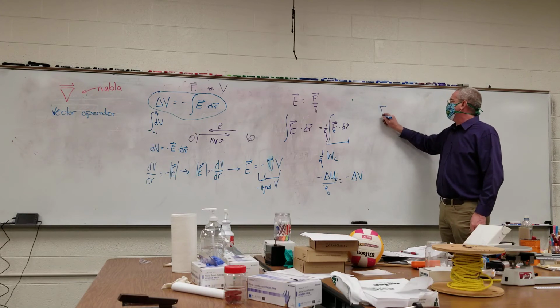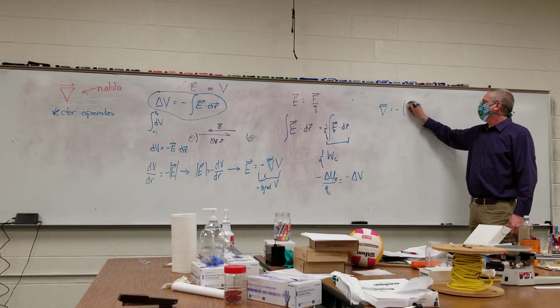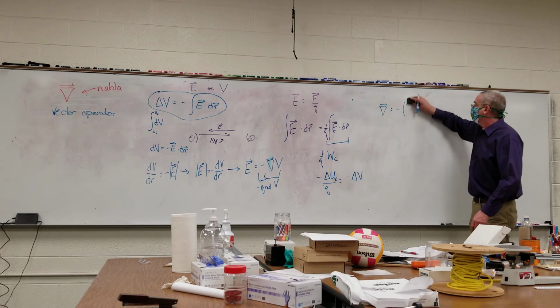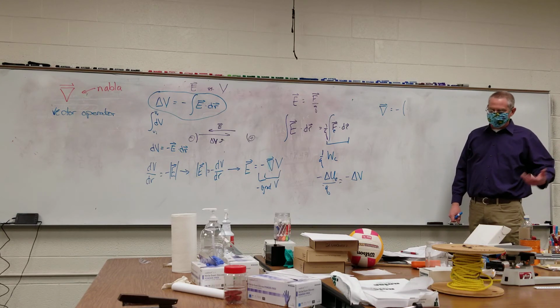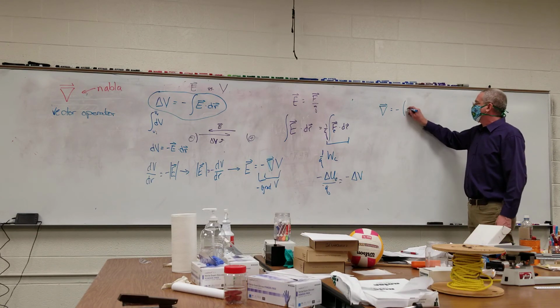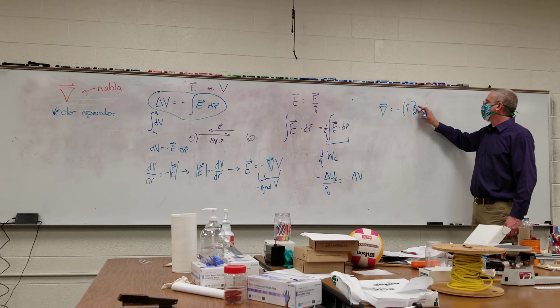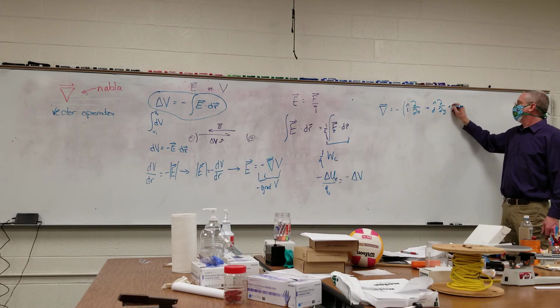More specifically, the nabla is defined as the partial derivative with respect to x. Let me write that slightly differently, assuming i hat in the positive x direction, j hat in the positive y direction, k hat in the positive z direction. So this becomes i hat del x plus j hat del y plus k hat del z.